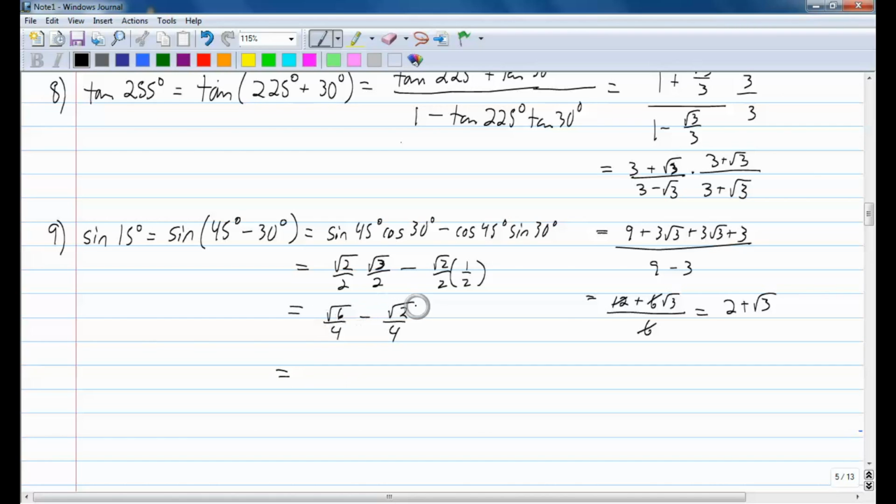Factor out square root of 2. Well, you have a common denominator, so it's going to be square root of 6 minus square root of 2 over 4. That's correct to me, but that choice is not down there. The way they get their answer, they factor out a square root of 2. That would leave you with square root of 3 minus 1 all over 4. Alright, and that is D. D is in delta.